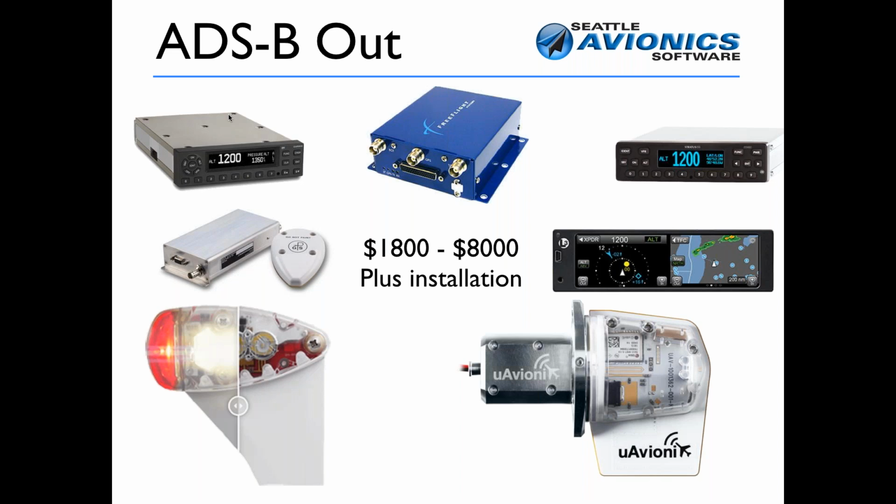One thing I would point out here is that the units like the Garmin 345 and the Stratus and some of these other units, you may or may not want to get the option to get ADSB in also.